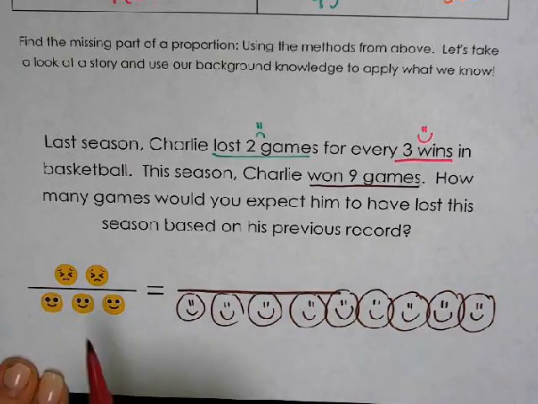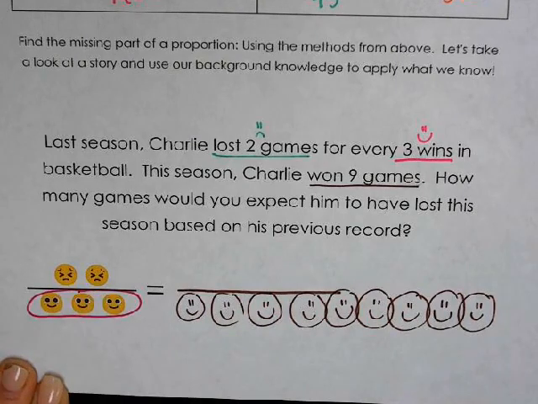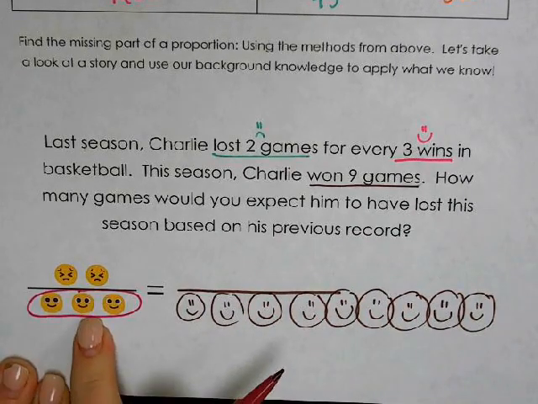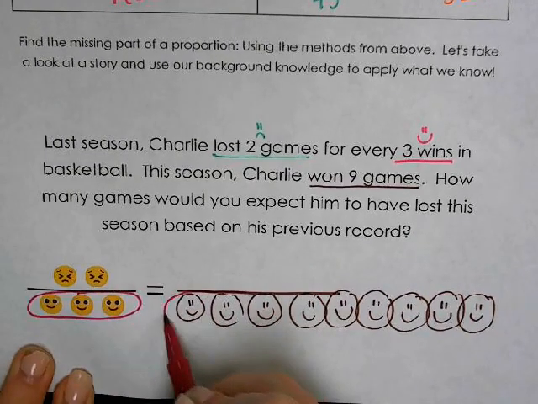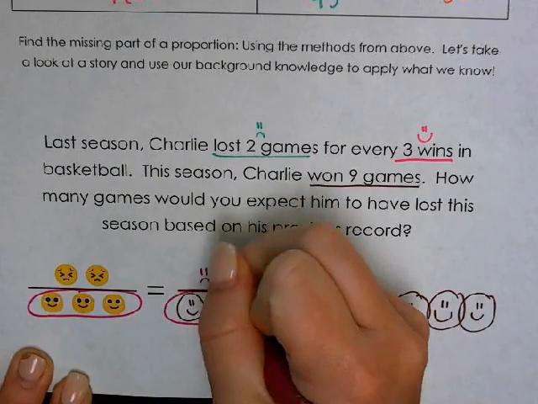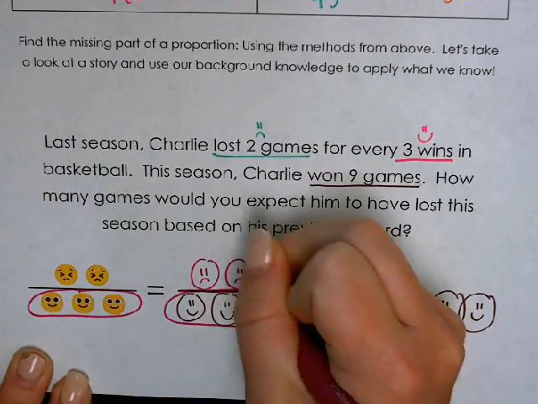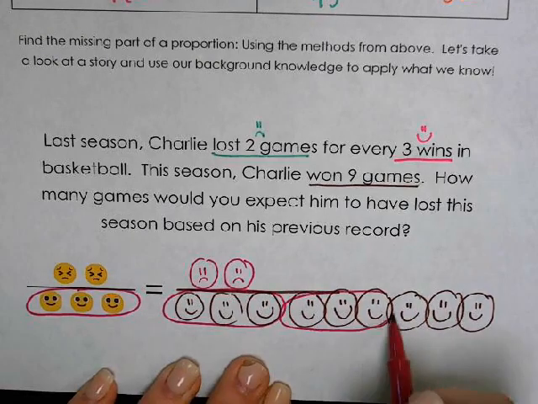I notice that there is a group of 3 smiley faces here. And for every 3 smiley faces, there were 2 sad. So if I find 1, 2, 3 smiley faces, I'm going to have 2 sad faces for every 3 smiley faces.